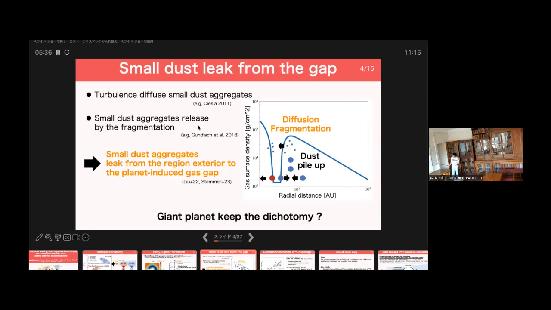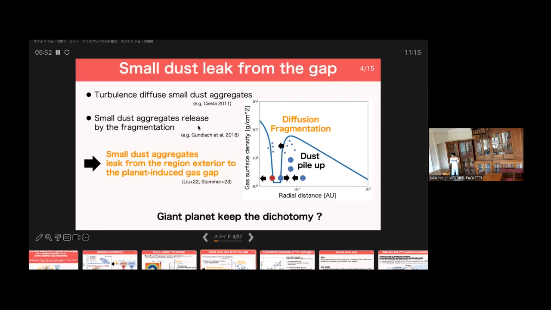So if we consider fragmentation and diffusion, large dust aggregates pile up here, but small particles pass through the gas gap.